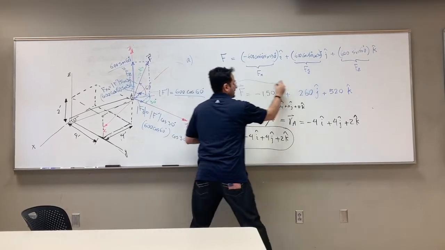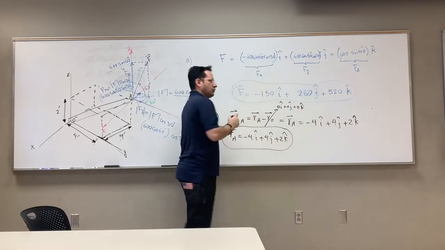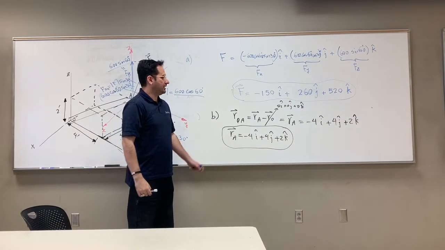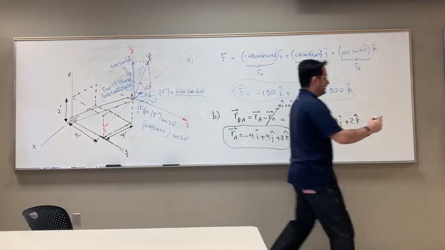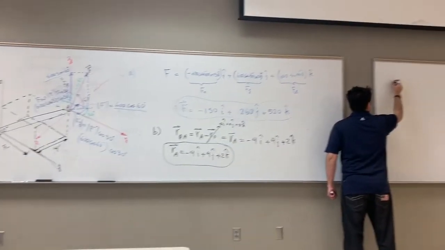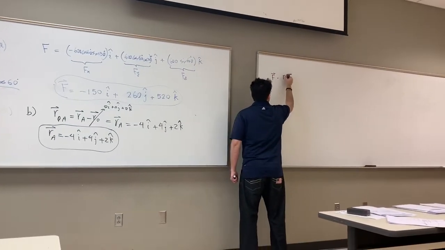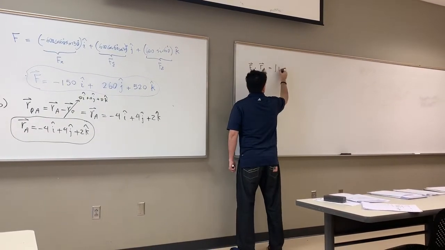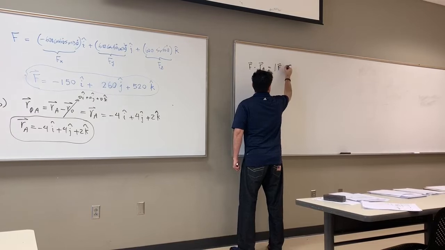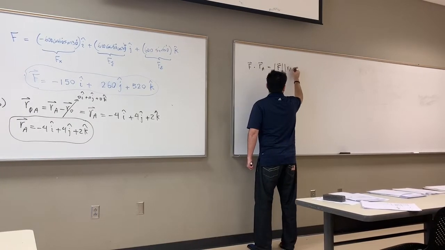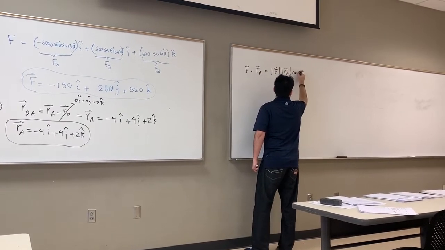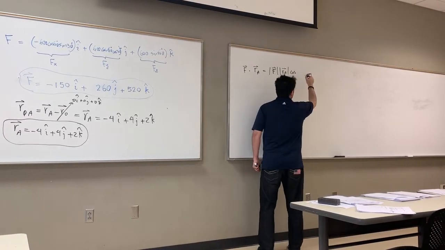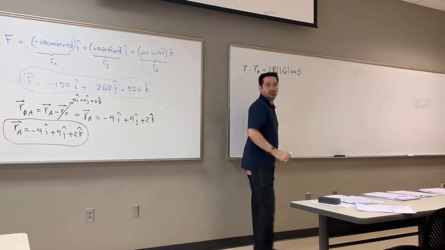Now the question is, what's the angle between these two vectors? Well, you can simply write first vector dot the second vector is equal to the magnitude of the first one times the magnitude of the second one times cosine of the angle between them. Let's say the angle between them is theta, right?